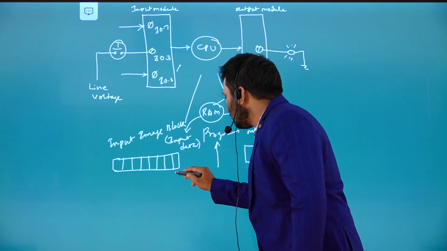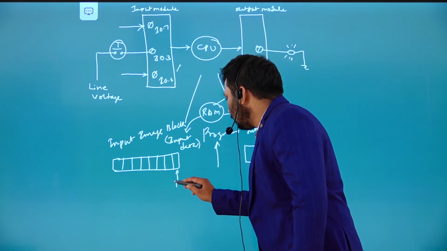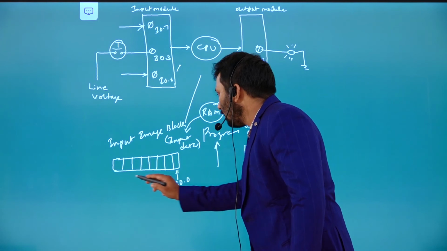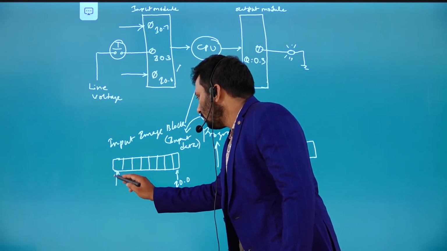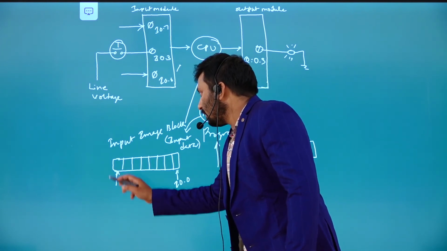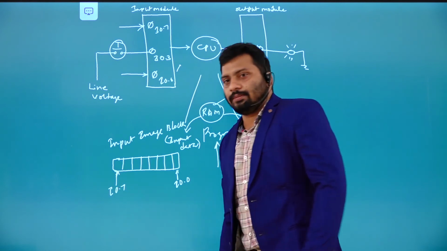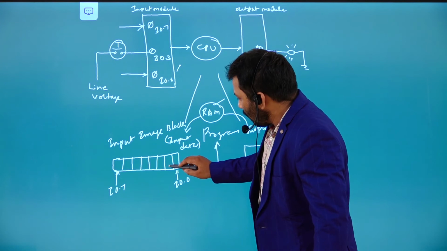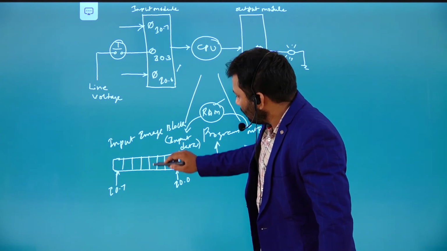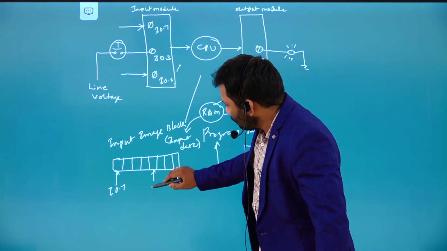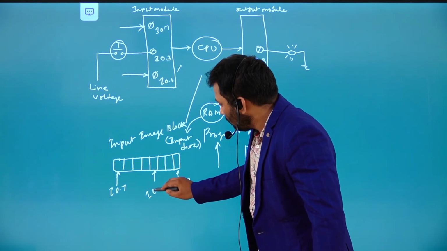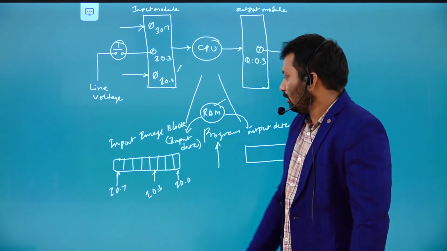For example, this is the reflection of I 0.0, and this is the reflection of the data from the last terminal, 0.7. 0, 1, 2, 3, this is the data which is going to come from the fourth terminal.